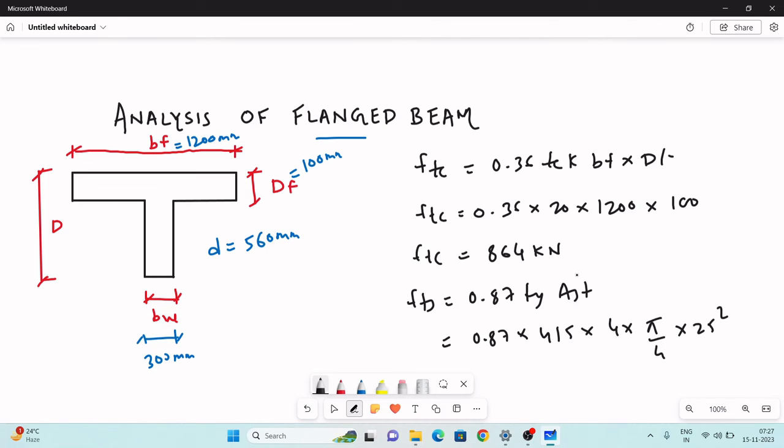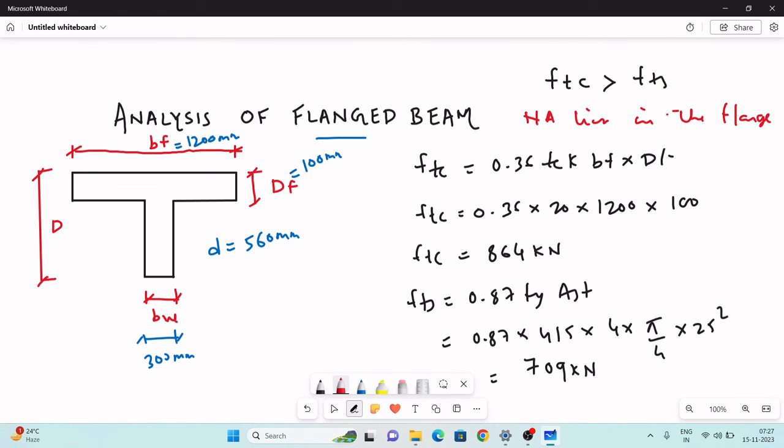We need to find the area of steel that is provided in the design. So the value of FTS is 709 kilonewton. So here FTC is greater than FTS. Neutral axis lies in the flange, and we have to do the analysis.